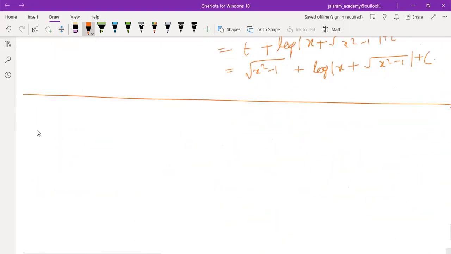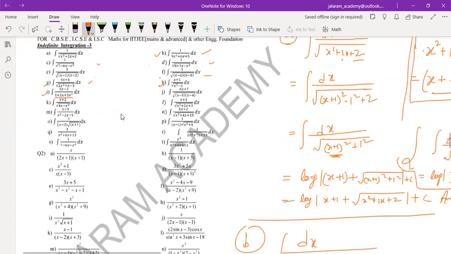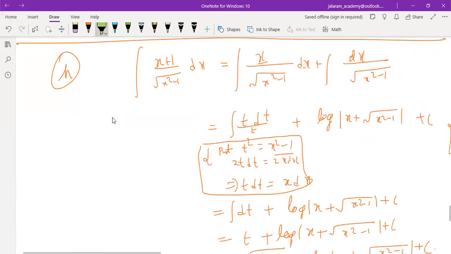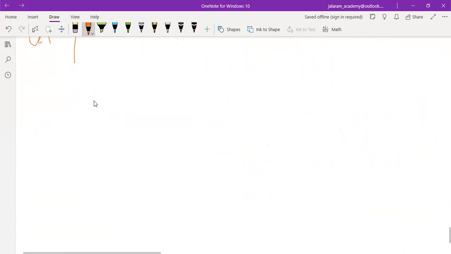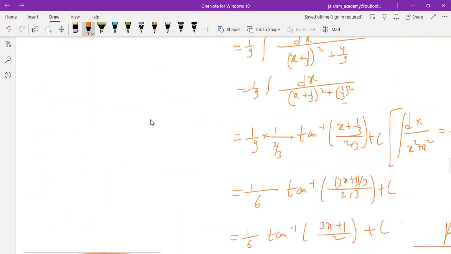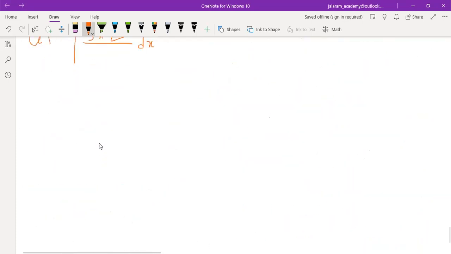For this, first write this question. It is the integration of 5x minus 2 over 1 plus 2x plus 3x square.